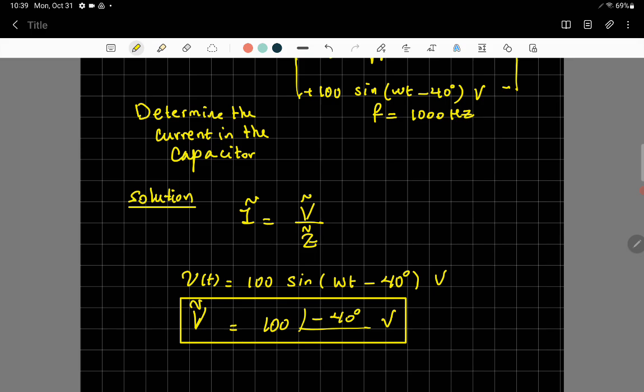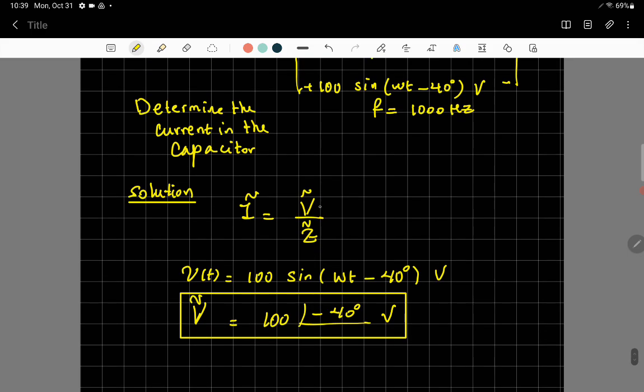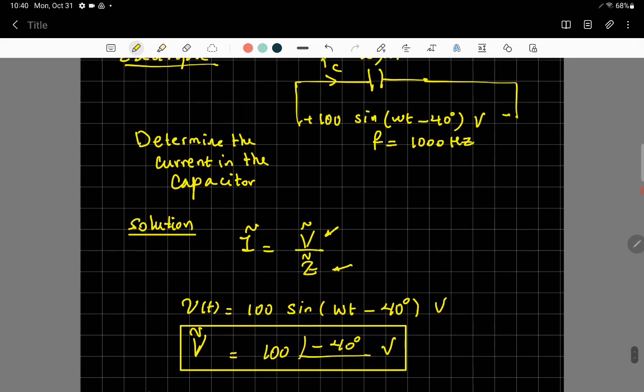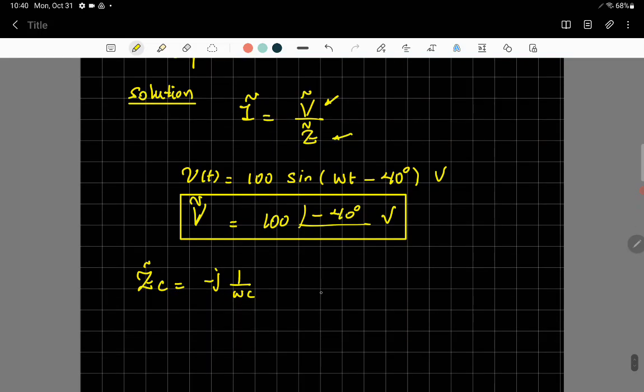Now I found the voltage, now I have to find the impedance. The impedance of the capacitor is equal to minus j 1 over omega c. So I need omega. Omega is not given, but the frequency is given. I know that the relationship between omega and the frequency f is omega equal to 2 pi f.